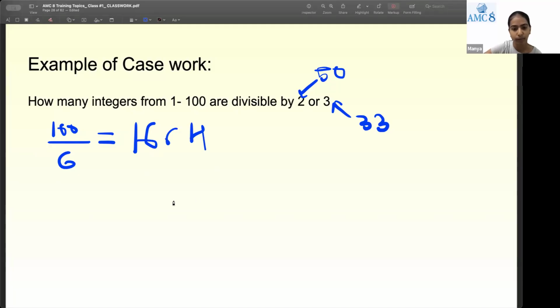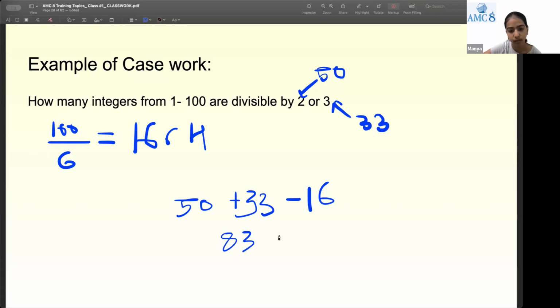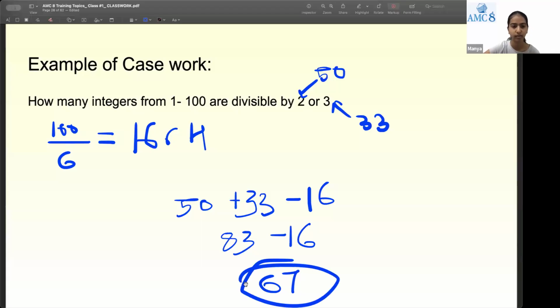So we would do 50 plus 33 minus 16. 83 minus 16 is equal to 67. And so that would be our final answer choice.